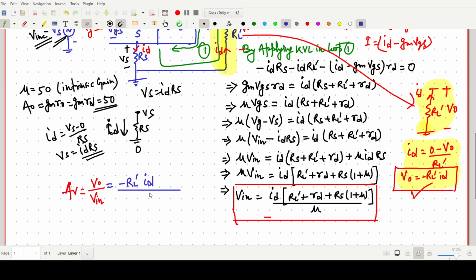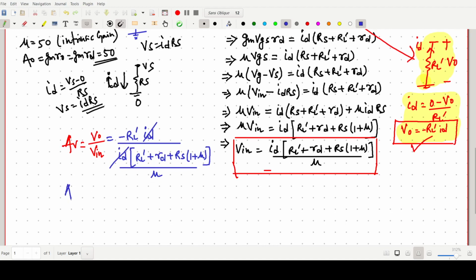Now V in is nothing but simply ID times (RL dash plus RD plus Rs(1 plus mu)) whole divided by mu. So this ID and this ID will be cancelled out. Is it okay?